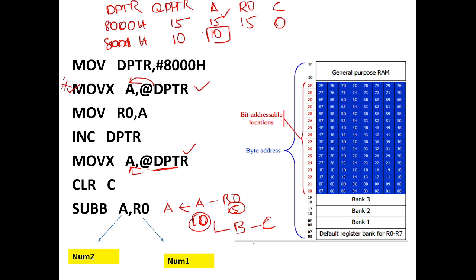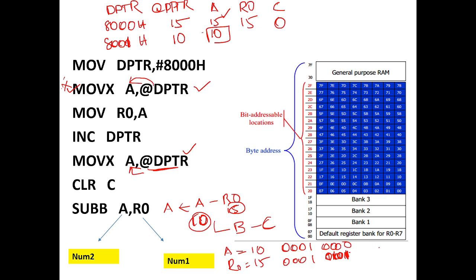The value 10, if you write it in binary, is 0001 0000, and your R0 is 15, so that is 0001 0101.